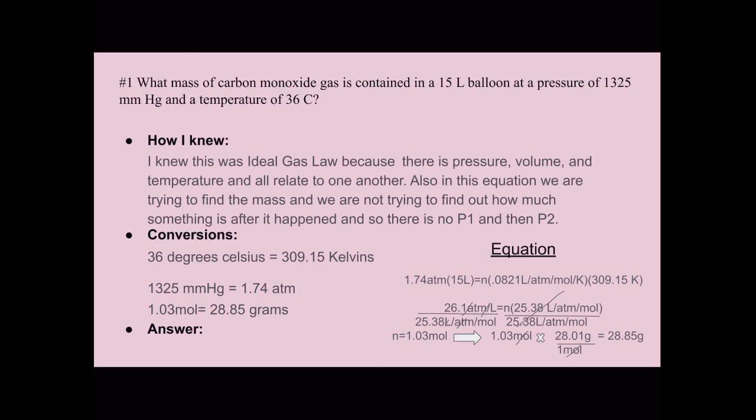Then you divide by 25.38 on the other side so n can be alone. The atmospheres and liters would cancel out, leaving you with 1.03 moles. For the final answer, we want it in grams, so you would have to convert to grams, giving you the answer of 28.85 grams.